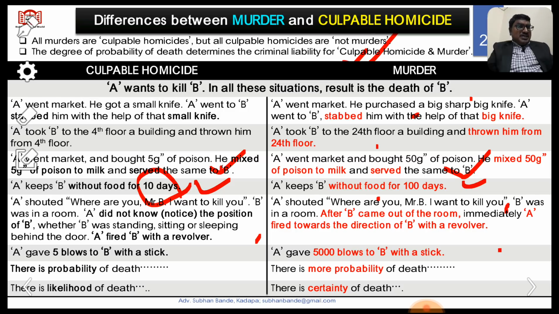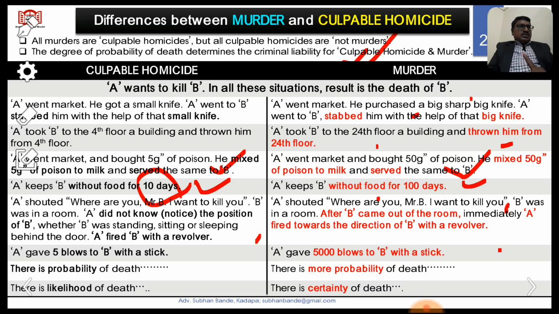There is more probability of death of Mr. B. Why? Because A keeps B without food for 100 days, there is a certainty of death.